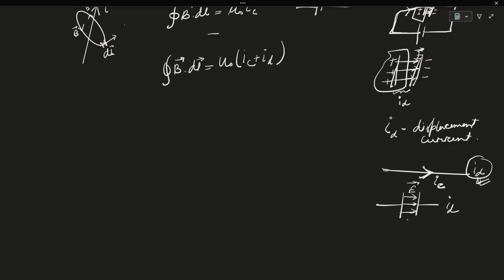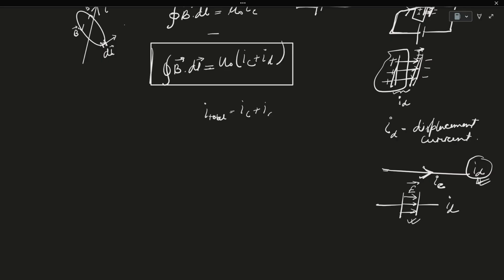While for the case of a changing electric field, there will be a displacement current, not conduction current. So I can write B dot dl equals mu naught (I_C plus I_D), where the total current is the sum of I_C and I_D.